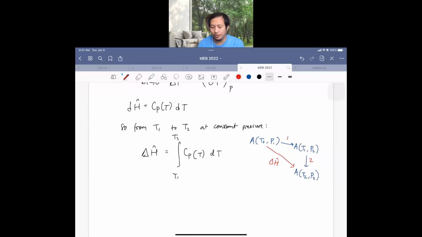This is to show that for whatever we have, if we want to change from some temperature and pressure to another temperature and pressure, we have these conditions. But of course, P1 and P2 are the same. It's a constant.